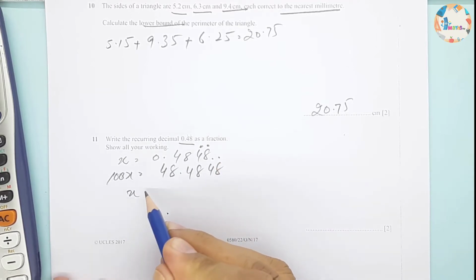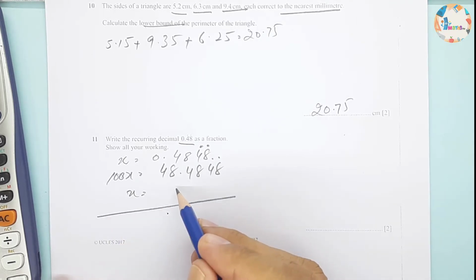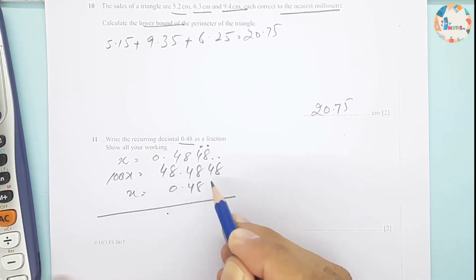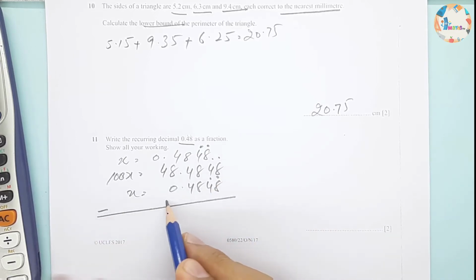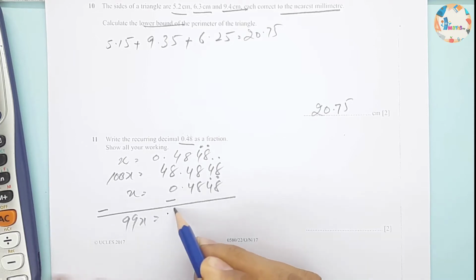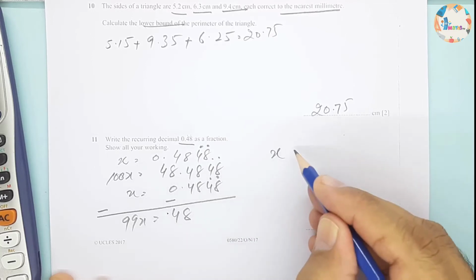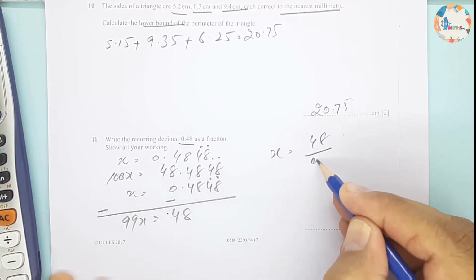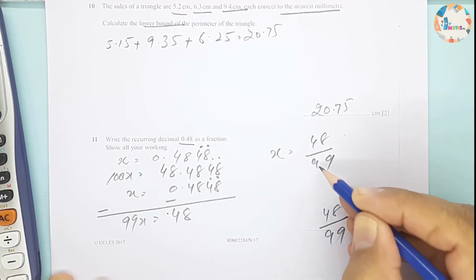Now we subtract x, which is 0.4848 recurring, and this will be 99x is equal to 48. This implies x will be equal to 48 over 99. So our answer will be 48 over 99.